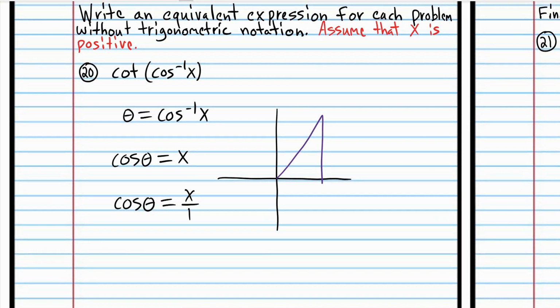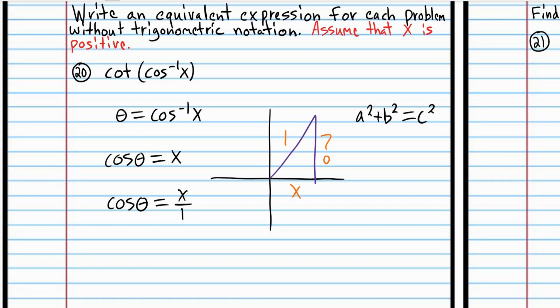And cosine is adjacent over hypotenuse, and now we just have to find the length of that side. Because we're trying to find cotangent of that angle, which requires the opposite side of the reference angle. And by the way, we should write the reference angle, that's theta.